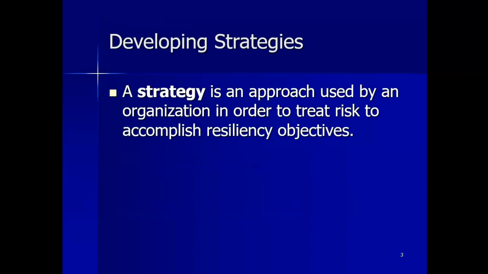So a reliable method should be used across an organization to analyze how disruptions may cause losses, and also to identify and select cost-justified BCM strategies. So a strategy is an approach used by an organization to treat risk in order to accomplish resiliency objectives.